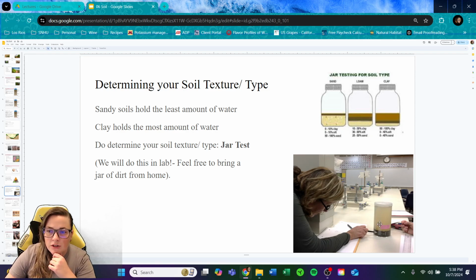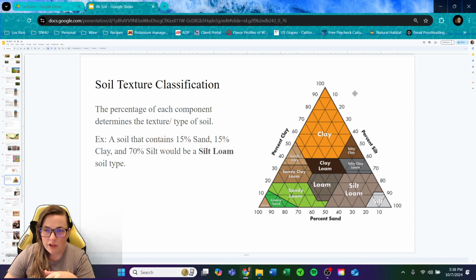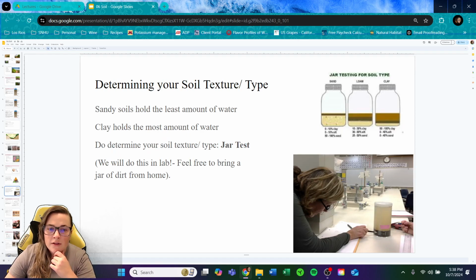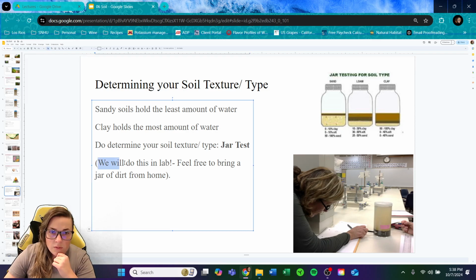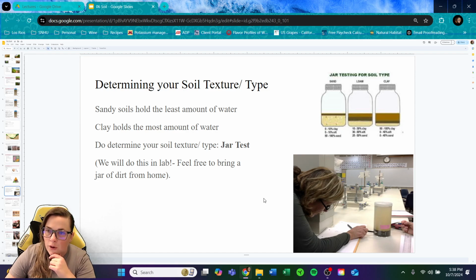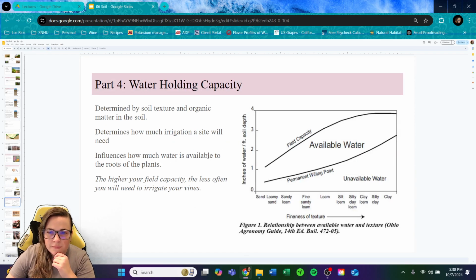Then they'll separate into the 3 different components. You'll measure it on this graduated ruler side, and then you can calculate your percentages. Then you can refer back to this chart and determine your soil texture. So very cool, straightforward procedure. We will do this in lab, so feel free to bring a jar of dirt from home. It's gonna be a good time.